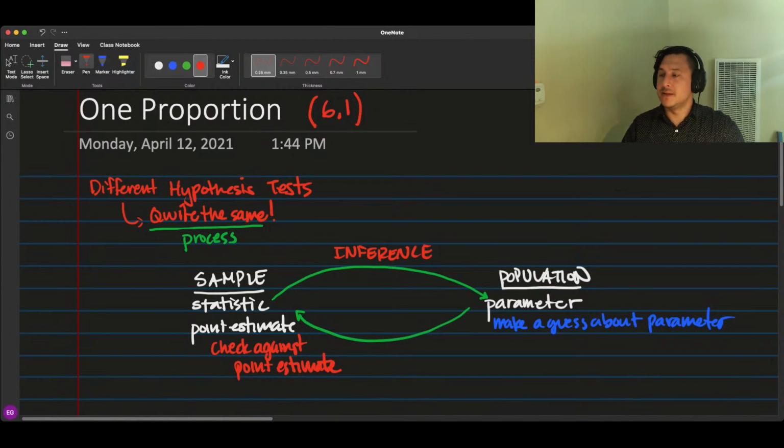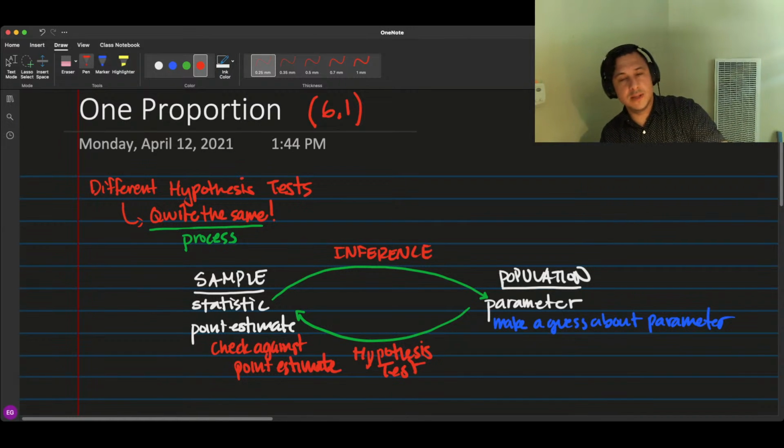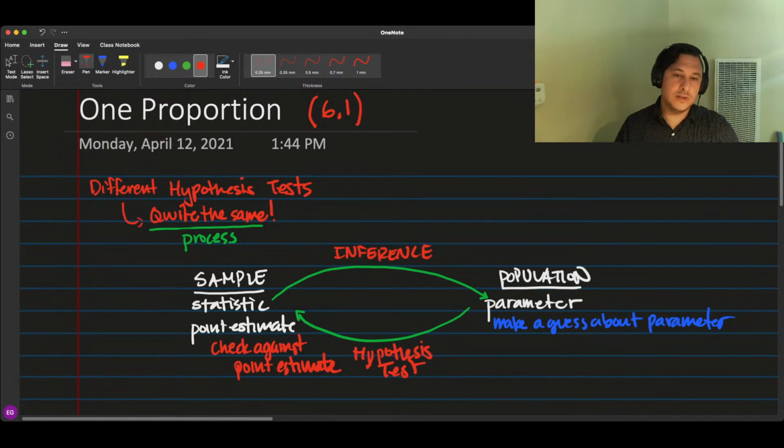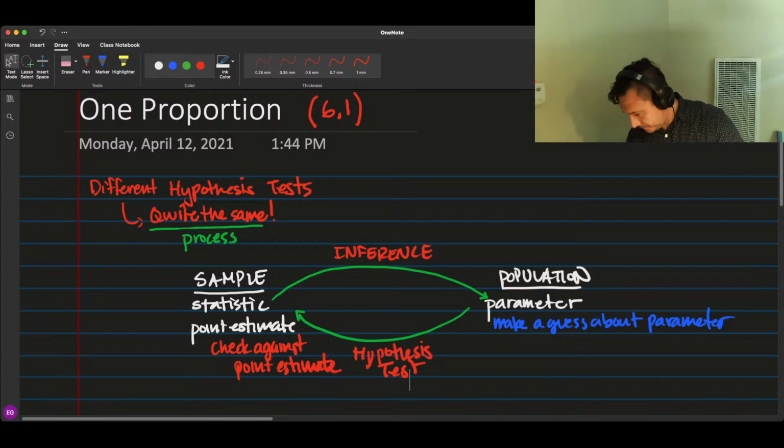Okay, and that's the hypothesis test. So you can think of them as the opposite or the backwards of each other. One of them starts with the sample, then goes to the population. The other starts with a guess about the population, and then checks it against the sample.